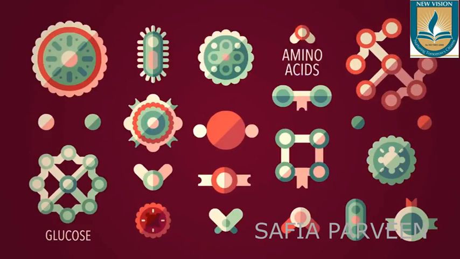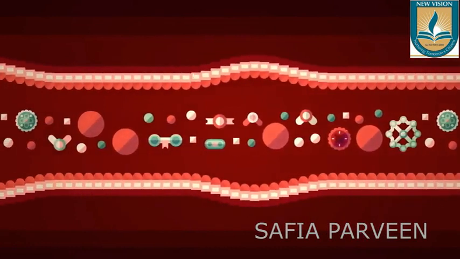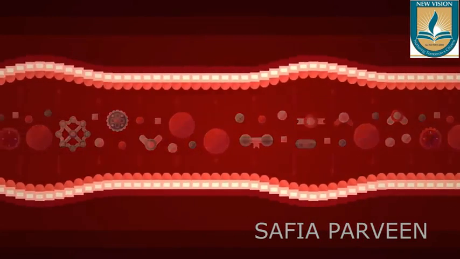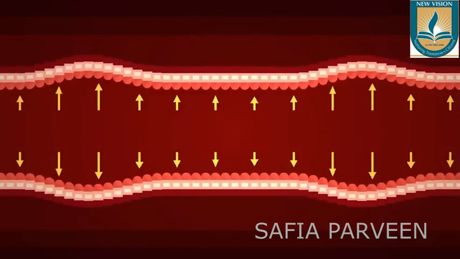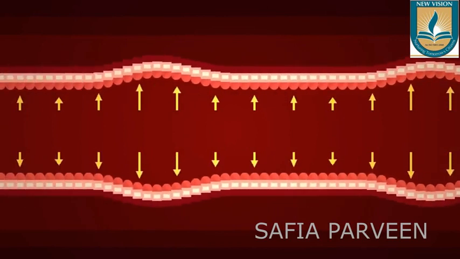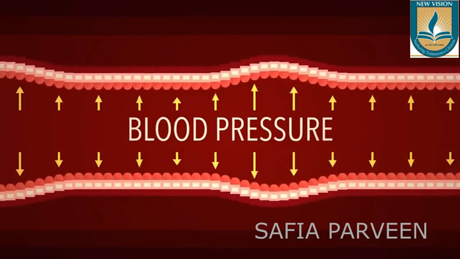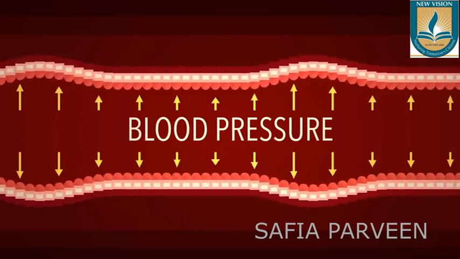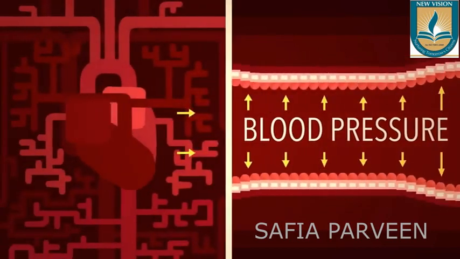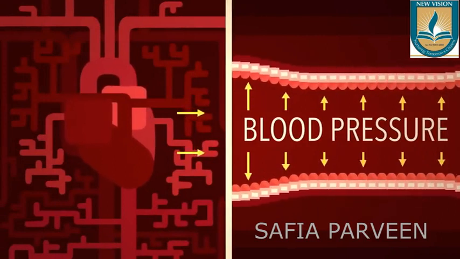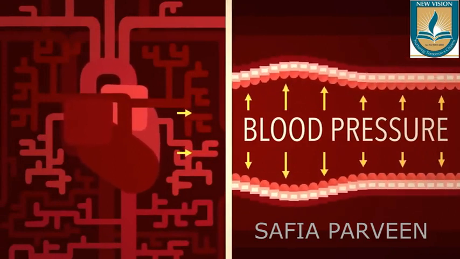In our blood, oxygen is present, glucose is present, amino acids and various substances are present, which flow inside the blood vessels. The blood flowing in the blood vessels exerts some pressure on the walls of the blood vessels. This pressure is called blood pressure. And this blood pressure keeps on rising and falling.